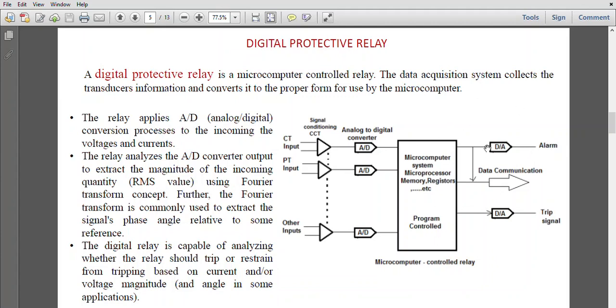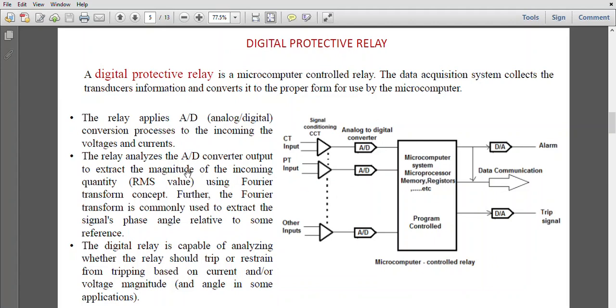After the comparison is made, these digital signals are further converted into analog signals for either an alarm or a trip signal. The whole digital relay applies an analog to digital conversion process to the incoming voltage and current, which are obtained by the CT and PT.